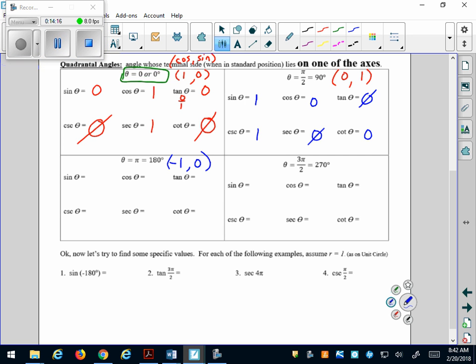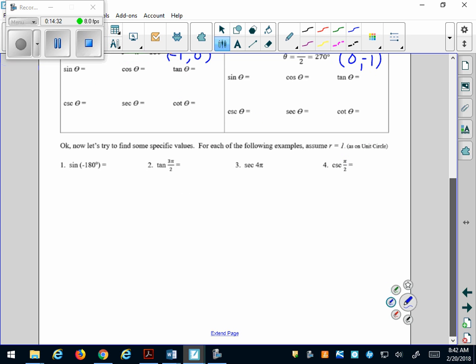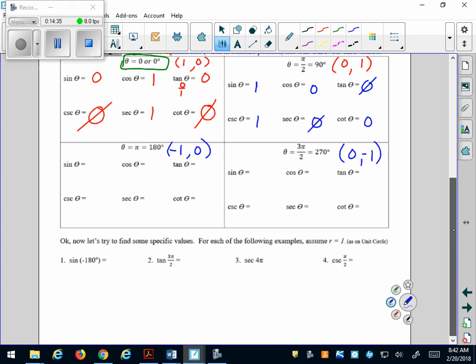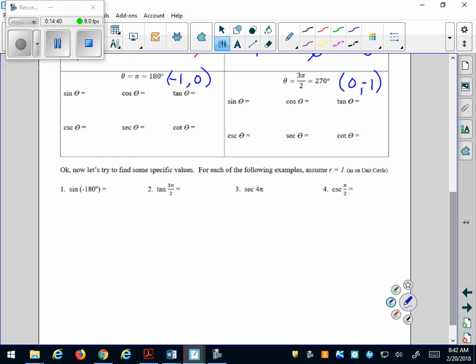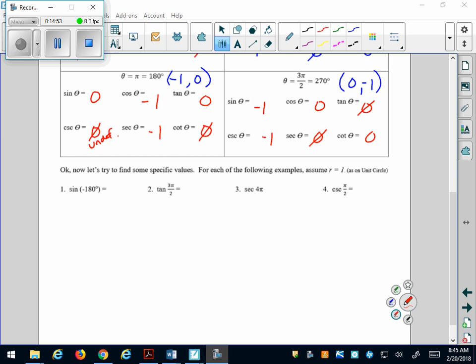Negative 1, 0. Then 270. You should be able to fill in those 6 trig functions. Check, make sure you have them in the right spots.